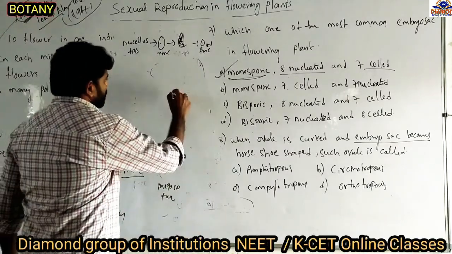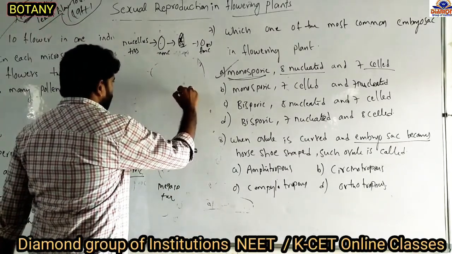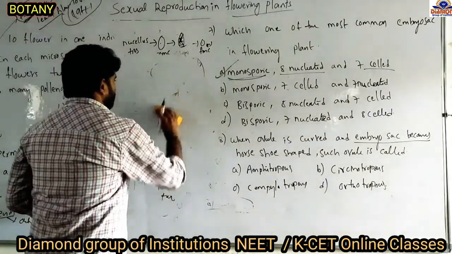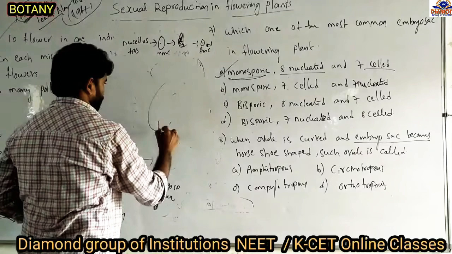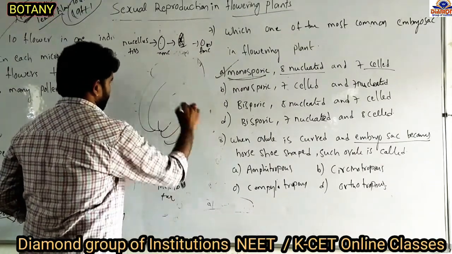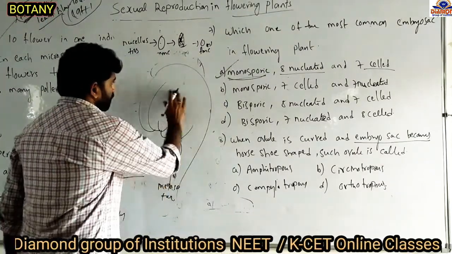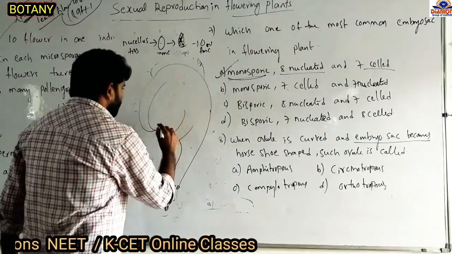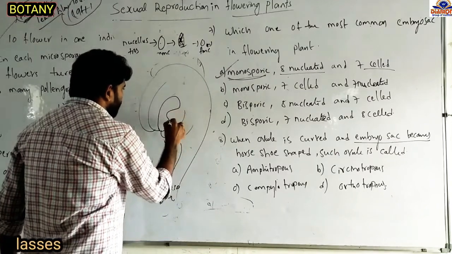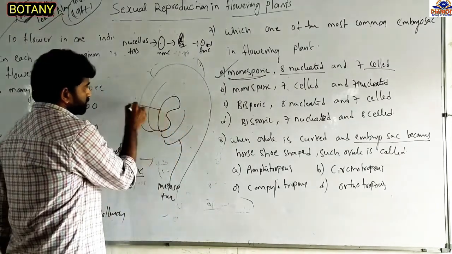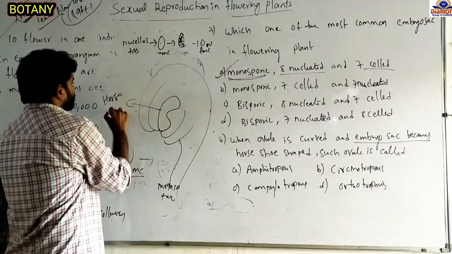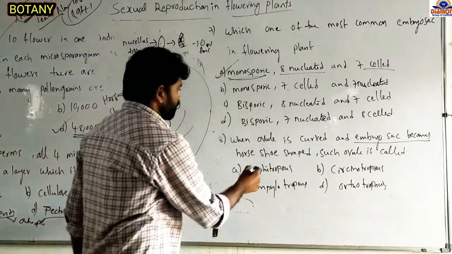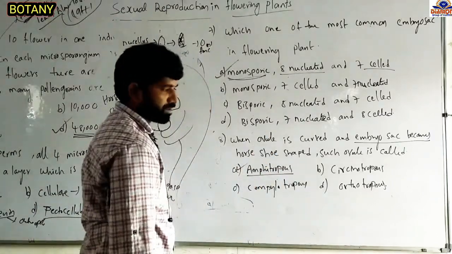Amphitropous ovule means the ovular body will be curved, and this embryo sac becomes a horseshoe shaped structure. This type of embryo sac is called an amphitropous ovule.